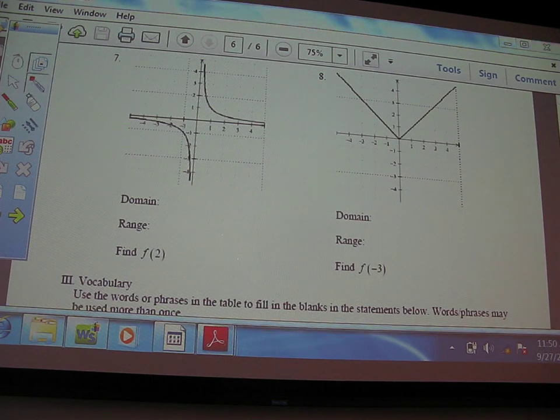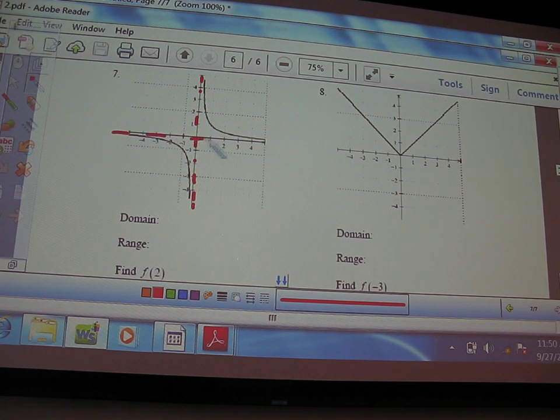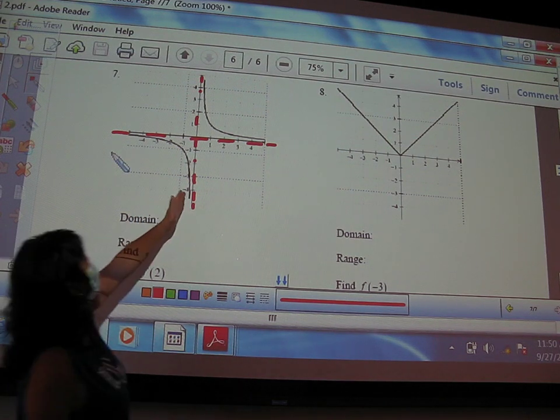Okay, so this one is where it gets a little bit tricky. These ones go lower and lower and never touch those lines. It goes off to the right forever and ever and never touches that line, or this line. So this is that weird one that you guys were thinking of before, where it has that asymptote.